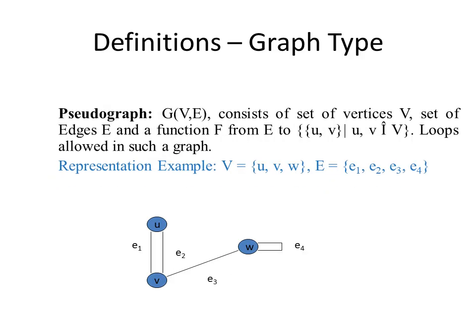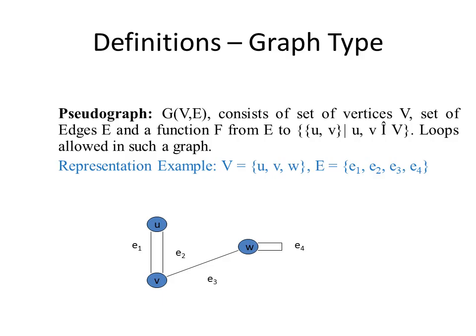Then the pseudograph. A pseudograph consists of a set of vertices V, a set of edges E, and a function f from E, or simply you can say a graph containing both self loops as well as multi-edges. It is called a pseudograph.